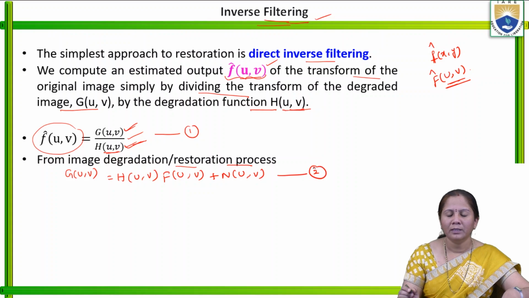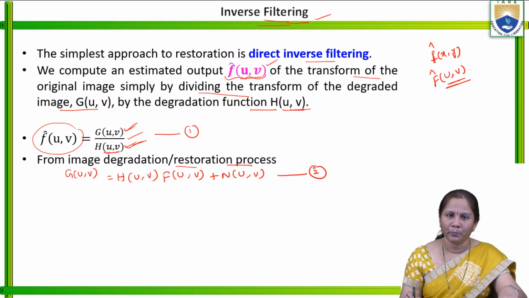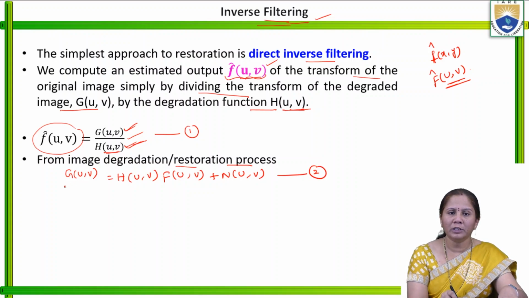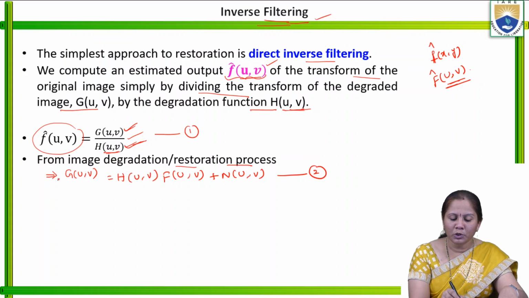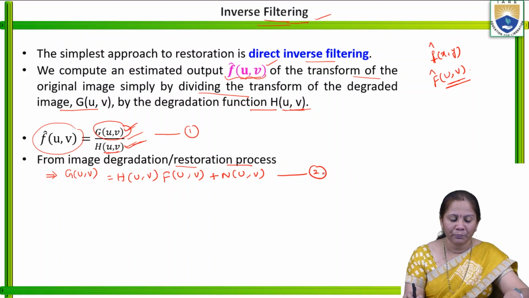Consider this as equation number 2. Now in the formula we have the ratio G of u comma v by H of u comma v. So let us substitute this G of u comma v in equation 1. That means G of u comma v will be replaced with equation 2.